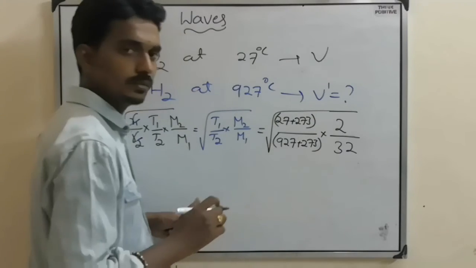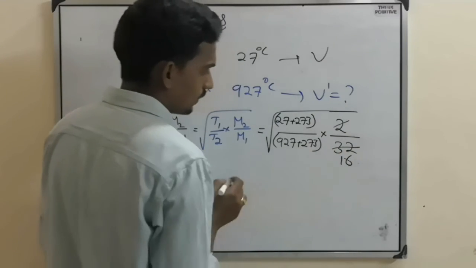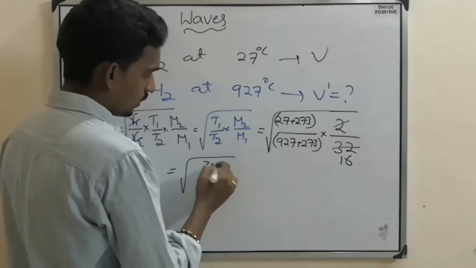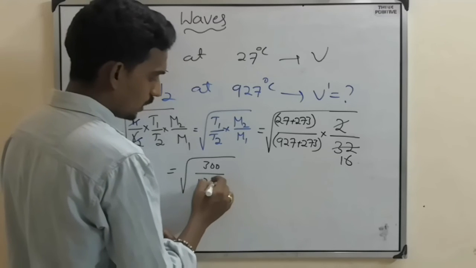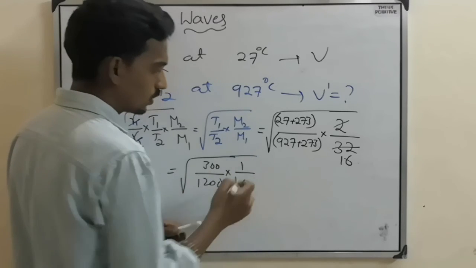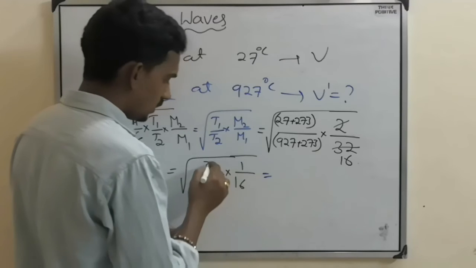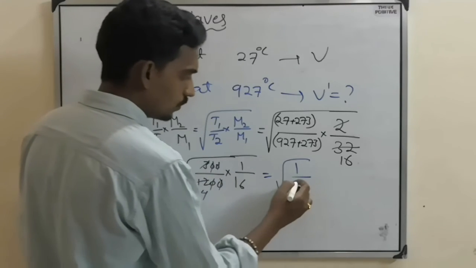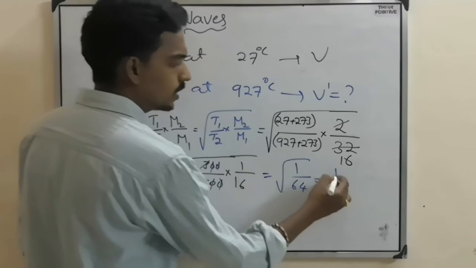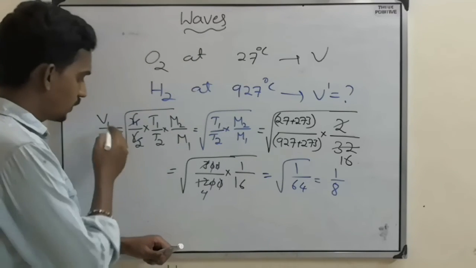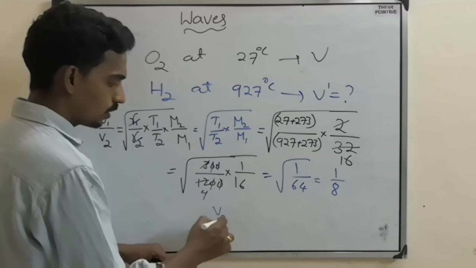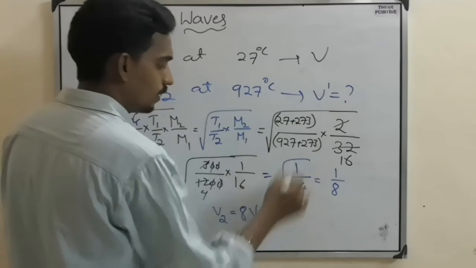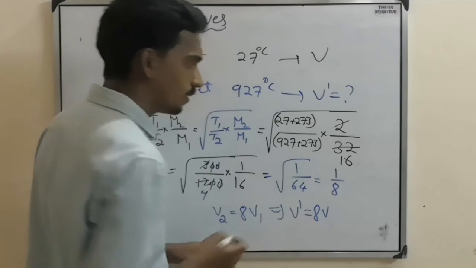So this is 300 by 1200 into 32 by 2, which is 16, so we get under root 1 by 16 into 4, which is 64 in the root. Root 64 means 1 by 8. So V1 by V2 is 1 by 8, and if you cross multiply, V2 is 8 times V1. That is nothing but V dash is 8 times V.